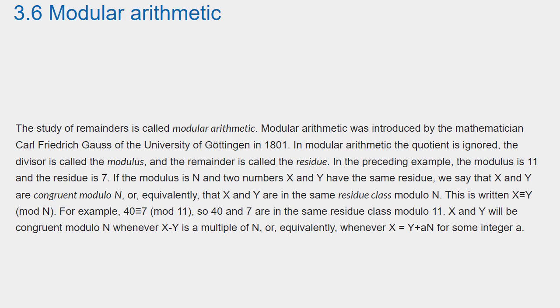For example, 40 is congruent to 7 mod 11. So 40 and 7 are in the same residue class modulo 11. x and y will be congruent modulo n whenever x minus y is a multiple of n, or equivalently whenever x equals y plus an for some integer a.